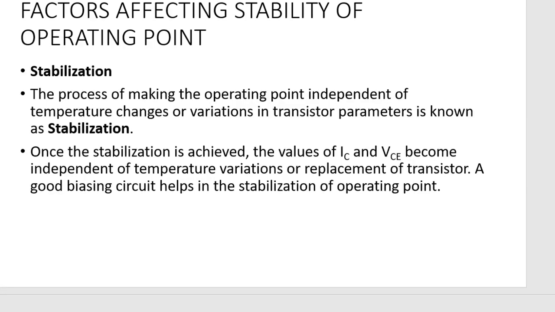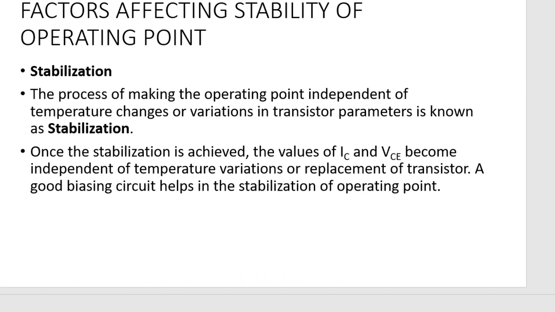Stabilization is nothing but the process of making the operating point independent of temperature changes or variations in transistor parameters. So in spite of variations in temperature or the transistor parameters, the fixed operating point should not change.